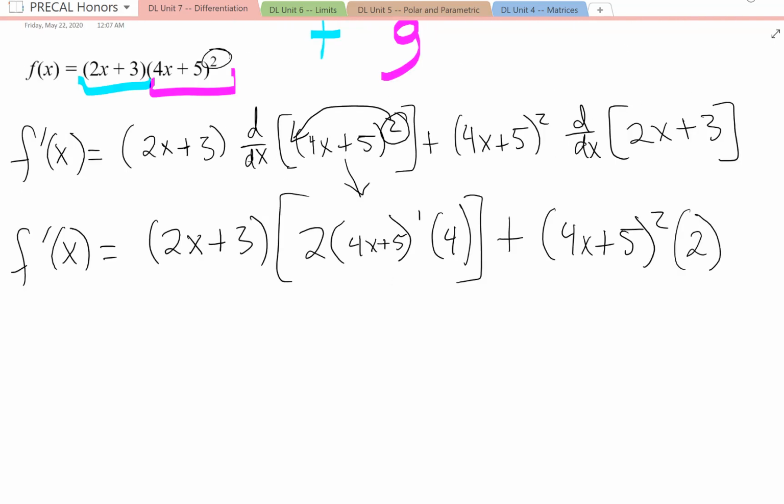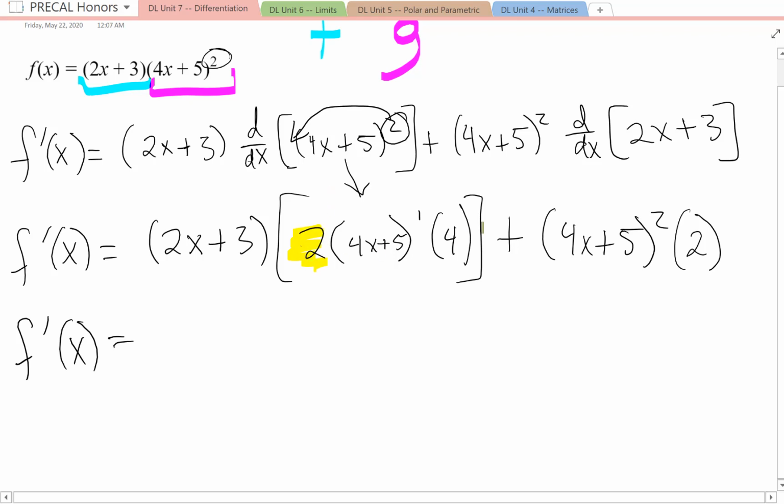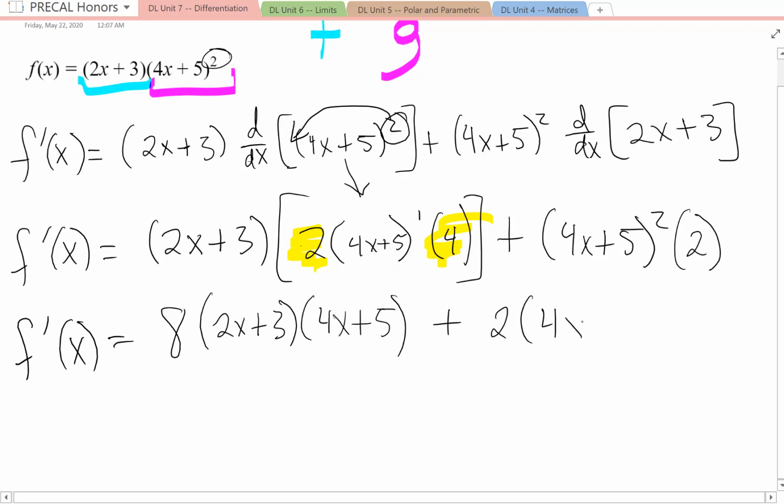Same thing. We're just going to try to clean up the terms that we have here and factor anything. Let's multiply these. 8 times 2x plus 3 times 4x plus 5 plus, this is a 2 in front of this quantity being squared.